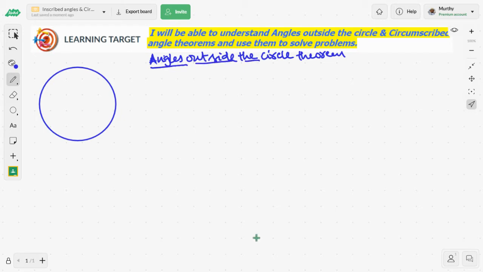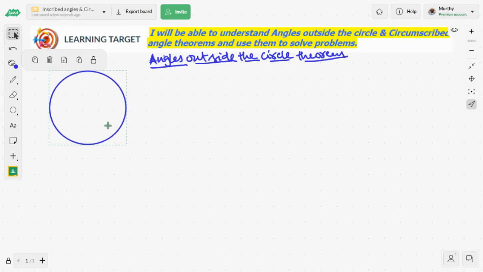In this theorem, you know what is a tangent? Tangent means it is a line segment that touches the circle at one point. Okay, so let me say that this is the tangent.